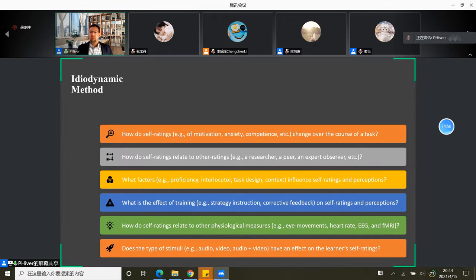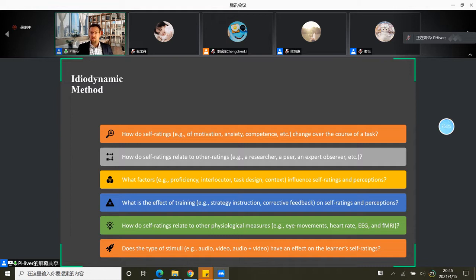So once again, here are some broad questions, the kind of research questions we can ask when using the idiodynamic method. How do self-ratings change over the course of a task? How do self-ratings relate to others' ratings? What factors influence these ratings and perceptions? In context, are there factors that influence it?